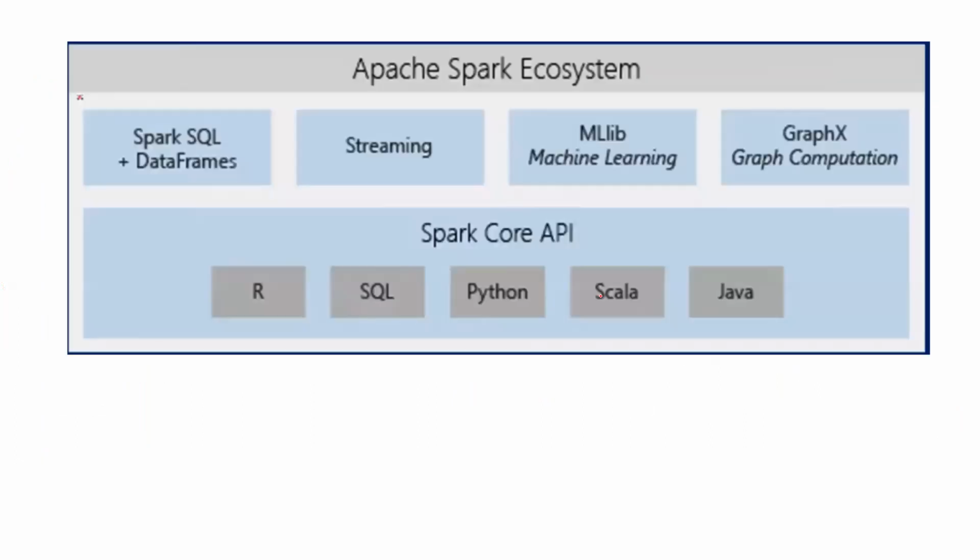Now, if you look at the Apache Spark ecosystem, you have Spark SQL and data frames. When you want to run SQL statements, Spark SQL is used. I'm not sure if you have done data frames in Python. Have you done pandas in Python? Yes. So pandas gets the data in data frame format, isn't it? The table is called data frame format.